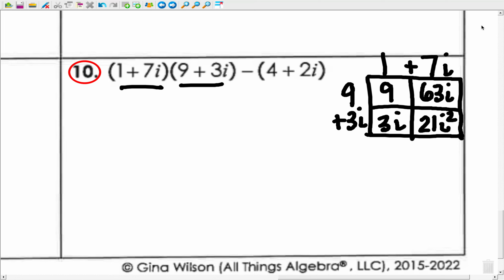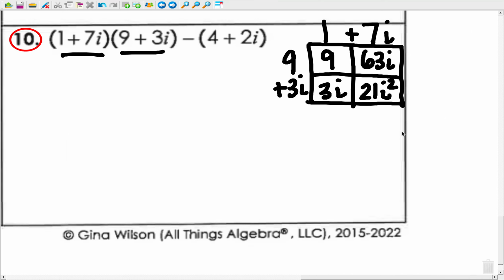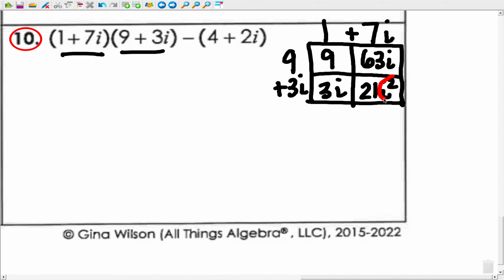If you ever have i squared, you have to simplify it. So that i squared is going to become negative 1, and negative 1 will multiply this 21 here. So now I have negative 21, and that's what this box at the bottom becomes. I'm sorry, that's kind of sloppy.